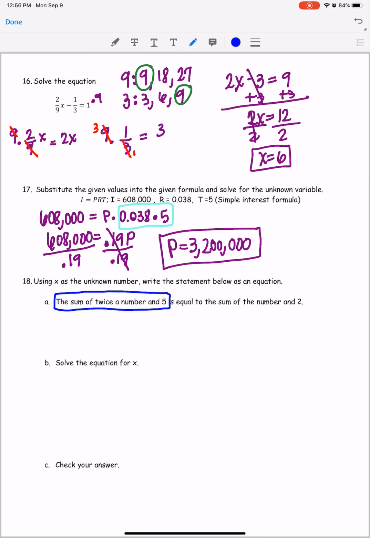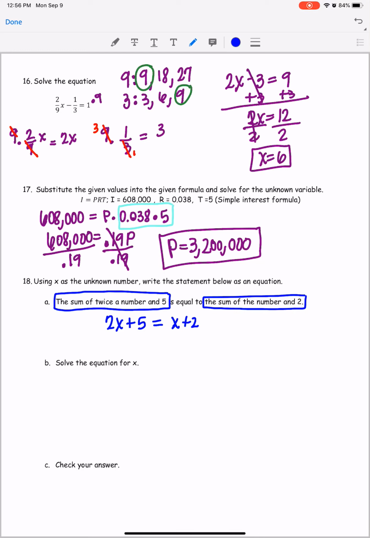Twice a number is 2x, the sum means plus, and 5, okay, is equal to the sum of a number and 2. So x plus 2. So that's all you have to do in part A.